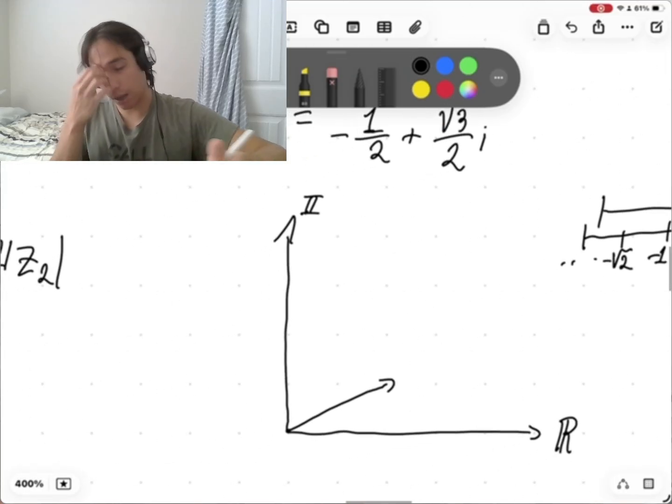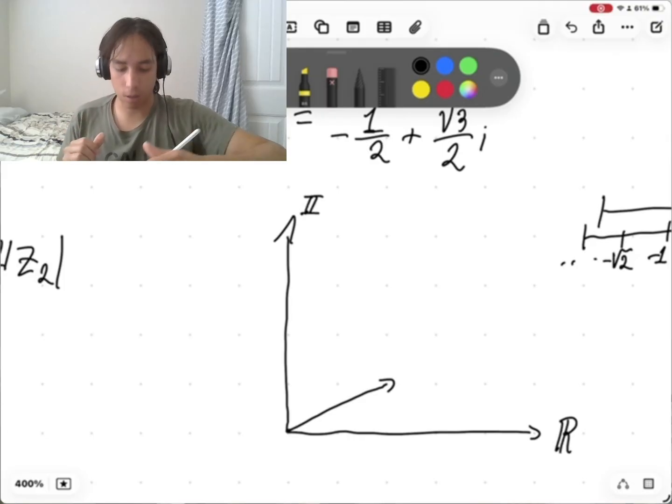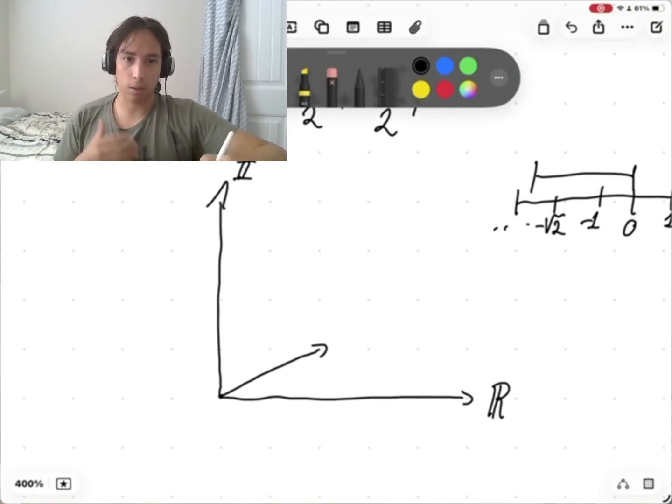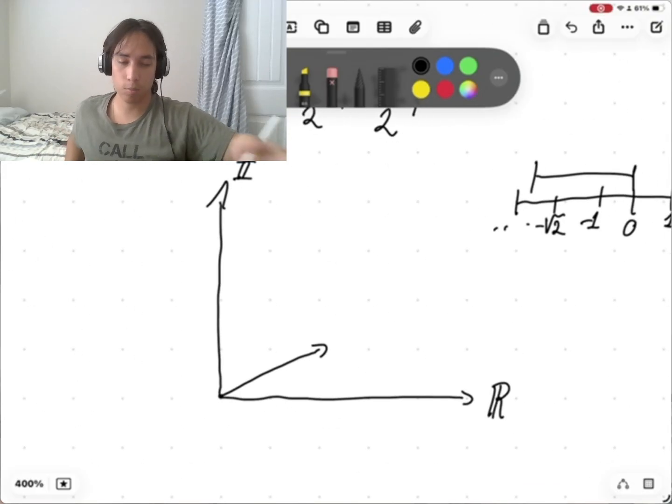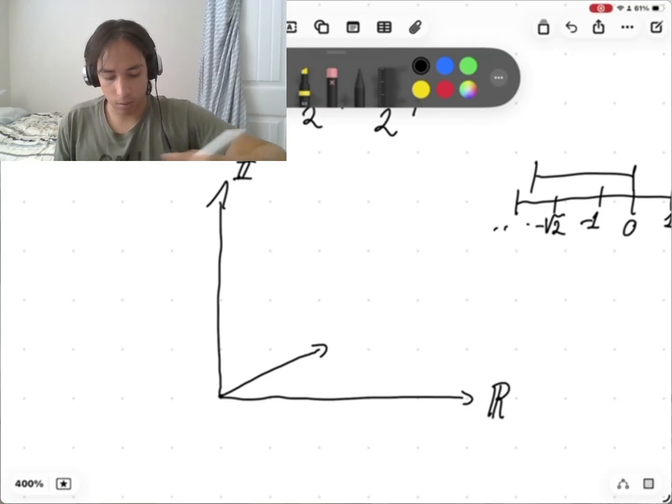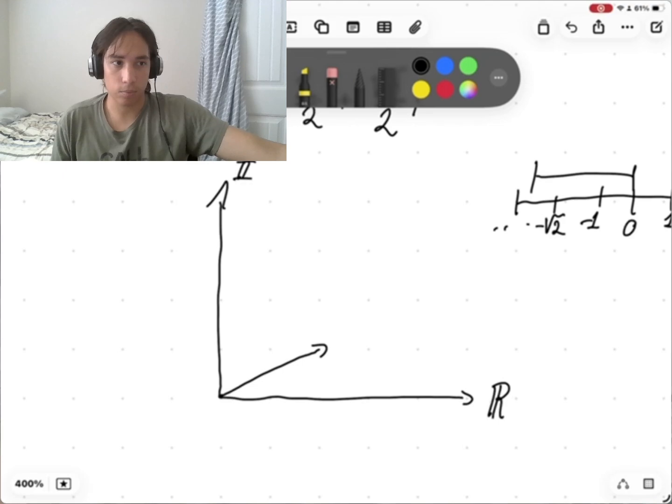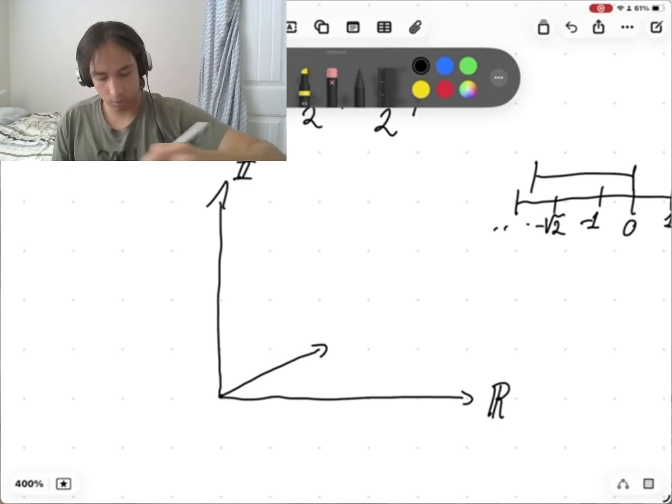And so when we take the absolute value of imaginary numbers, these being more like vectors, what we're essentially doing is taking the magnitude of the vector that represents the imaginary number.